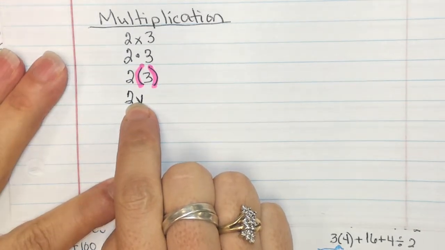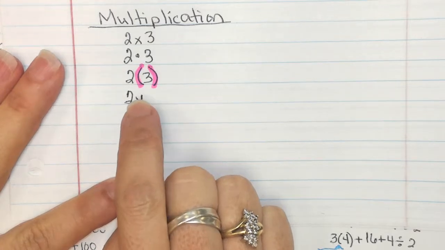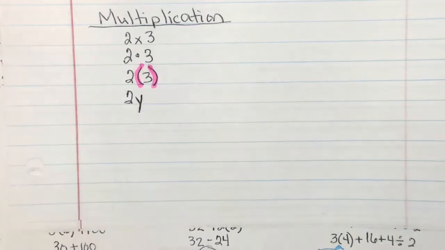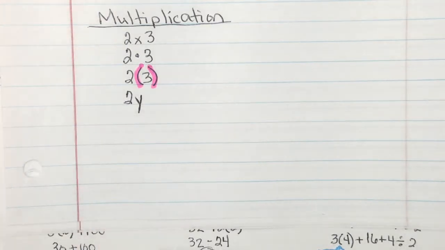There is no subtraction. There is no division symbol. So when you see a number and a letter crammed up against each other, you got to just start knowing it means multiply. It means multiply 2 times whatever Y is. Y might be 4, Y might be 18. But it would be 2 times whatever Y is.